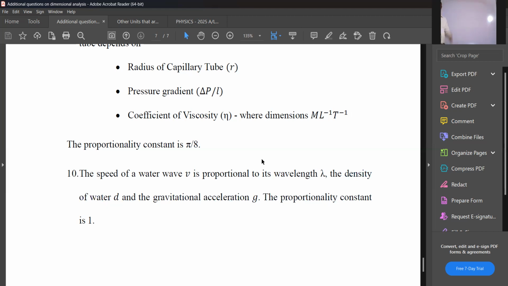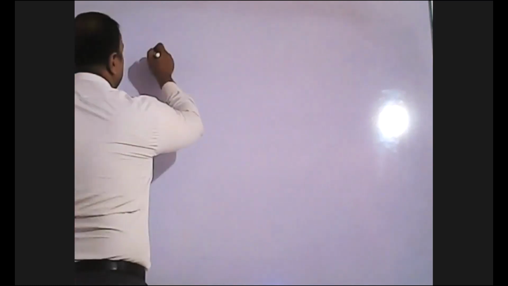Okay. In the 10th question, the speed of water wave V is proportional to its wavelength lambda, the density of water D and the gravitational acceleration. Actually, there's a small printing mistake. I wanted to give you the depth.